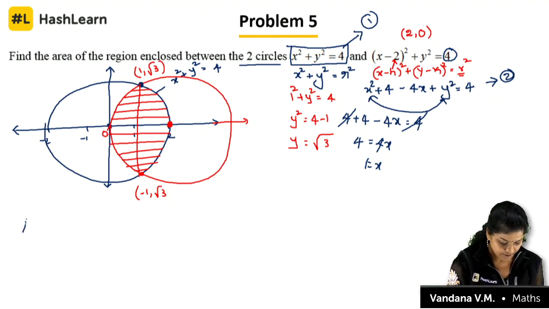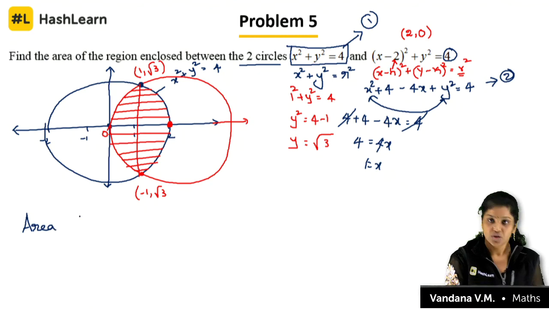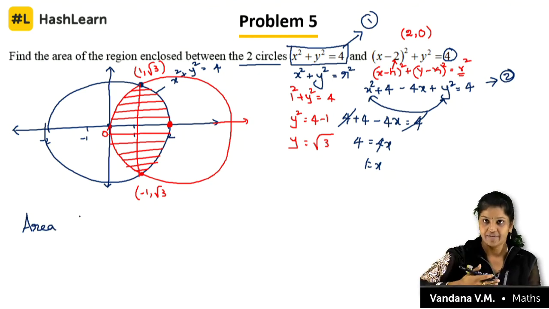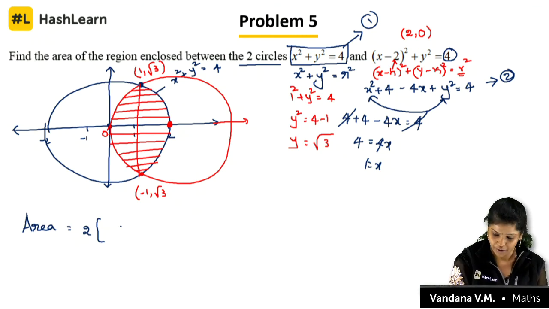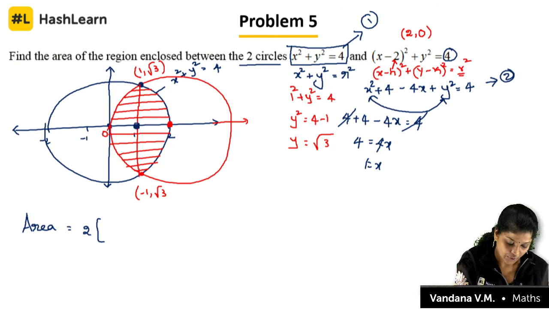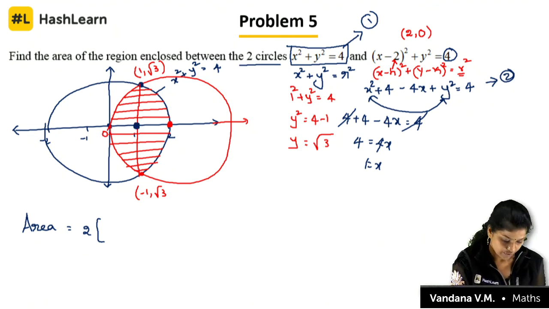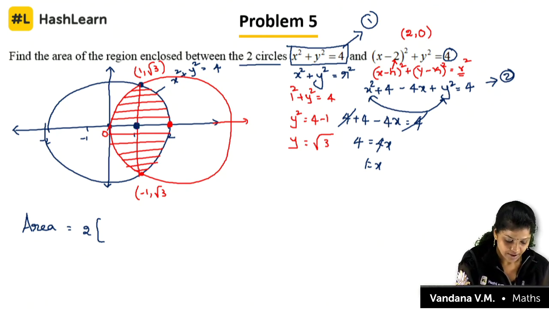Now, the required area. So, like this full we have, right? 4 into, or you can make out 2 into also. Area is equal to 2 into. Area from where to where? From 0 to 2. But where it is changing? At 1. See, from 0 to 1, this belongs to which line is there?